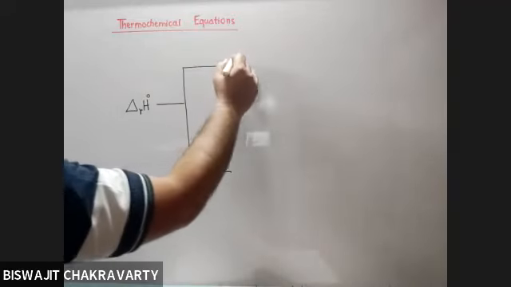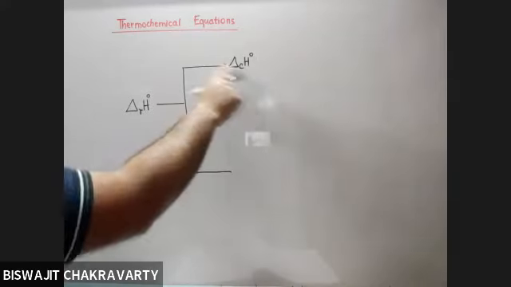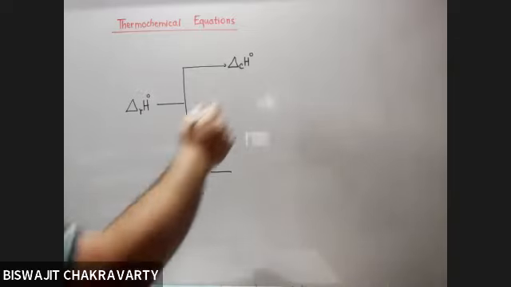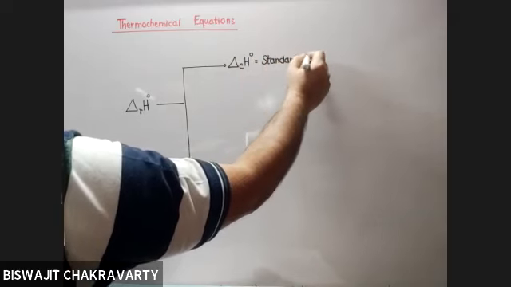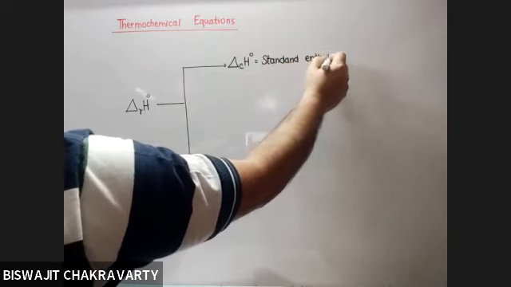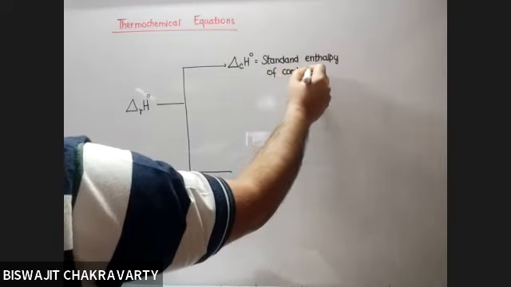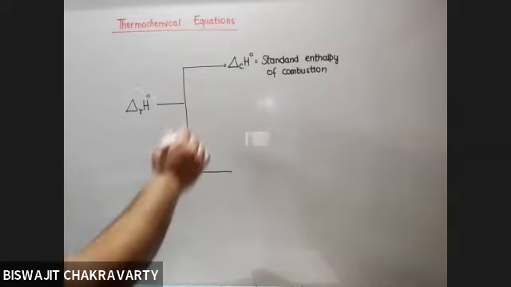When we write delta CH degree, what is the significance of this C? Remember, C stands for combustion, and this will be standard enthalpy of combustion. If that specific reaction given to you is a combustion reaction, then standard enthalpy of reaction will also be called standard enthalpy of combustion.